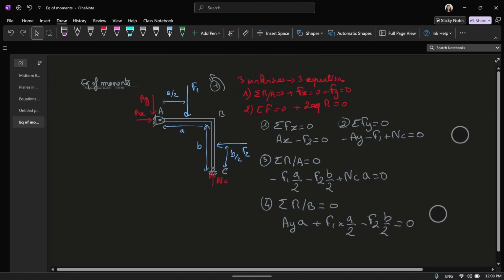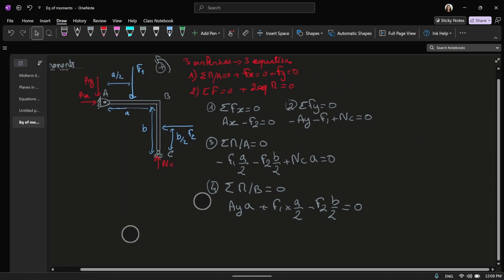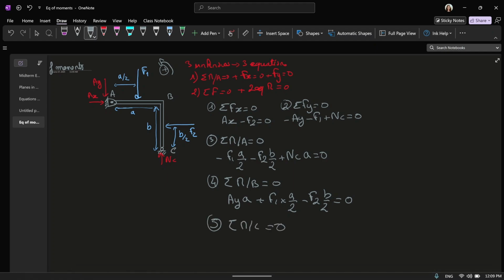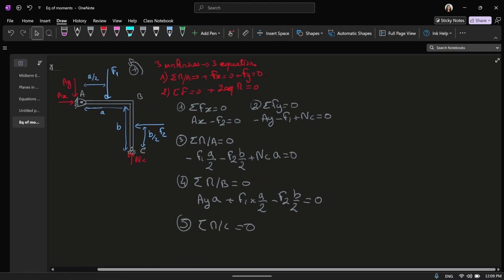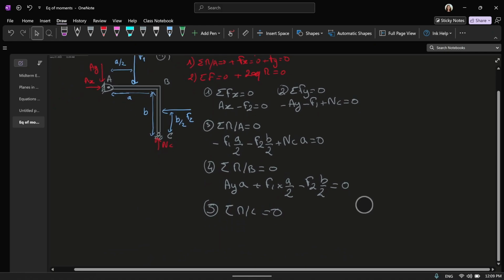Equation number 4. Okay. Equation number 5, I know it's getting a bit smaller. Sum of the moment about C equals 0. What do we have? Oh my god, everything is making a moment except NC for this one. So let's take the time to do that.